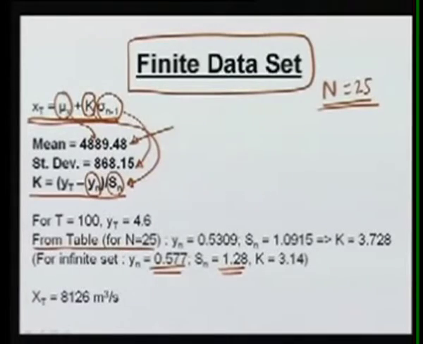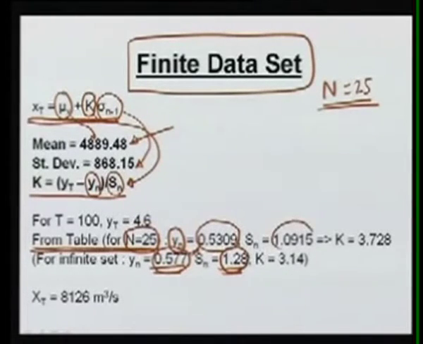So from the table, which is again given in various books, we obtain a value of yn for 25-year data as 0.5309. If we have a large number of data set, then 0.577 is the value. So there is some change here. Similarly, Sn for infinite data set 1.28 and for 25-year record 1.09. So this gives us a value of k.